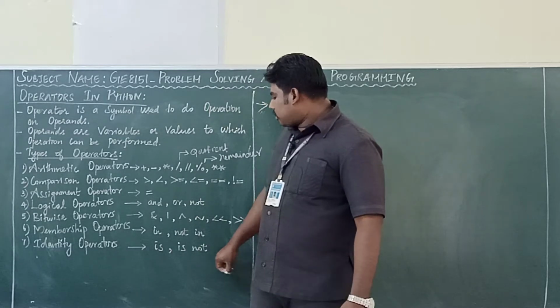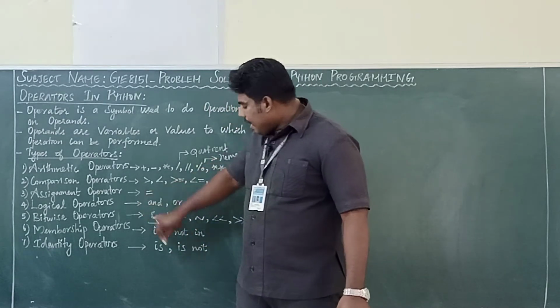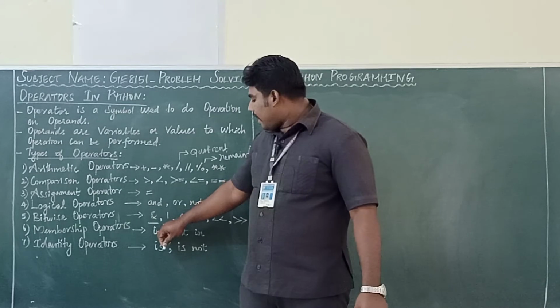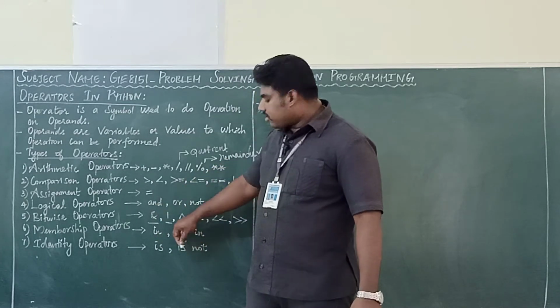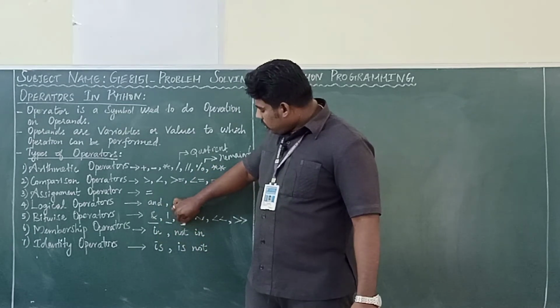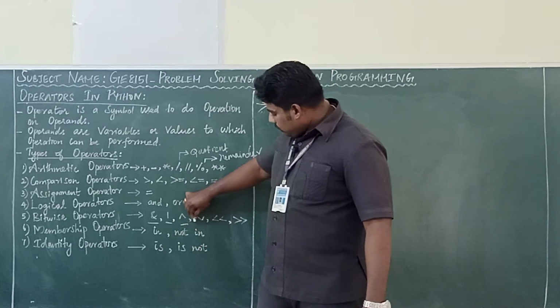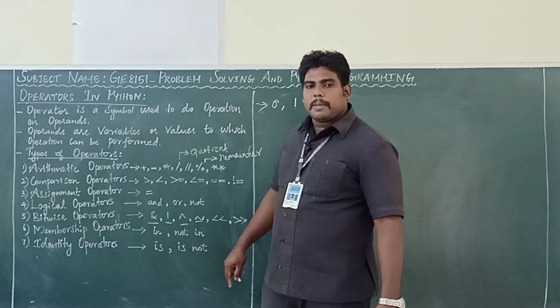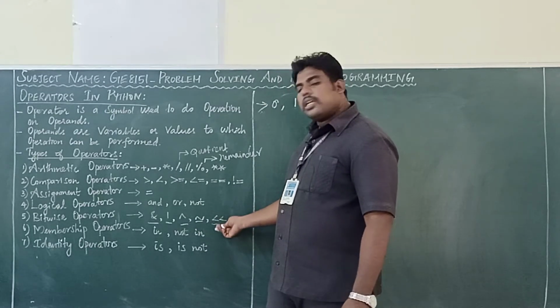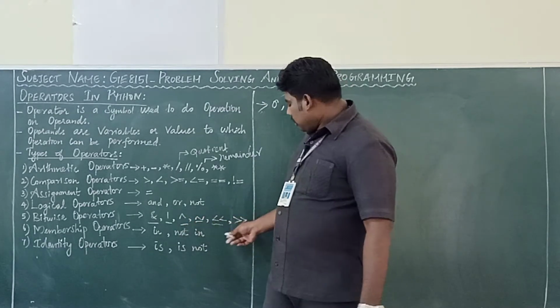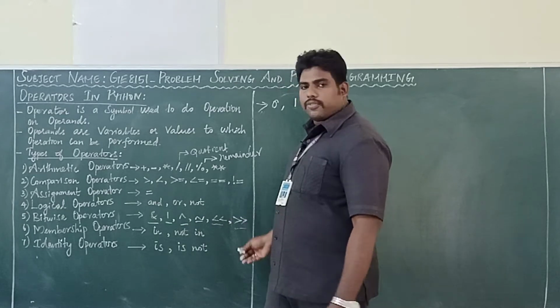What are the bitwise operators here? This symbol denotes bitwise AND. This symbol denotes bitwise OR. This symbol denotes bitwise XOR, exclusive OR. This symbol denotes bitwise complement. This denotes left shift. This denotes right shift.